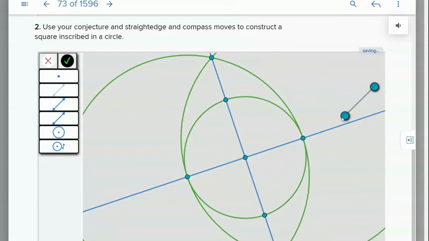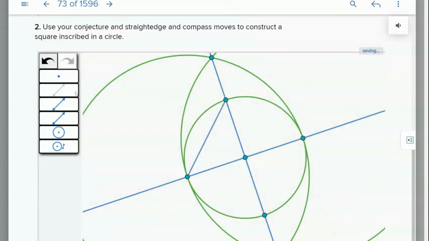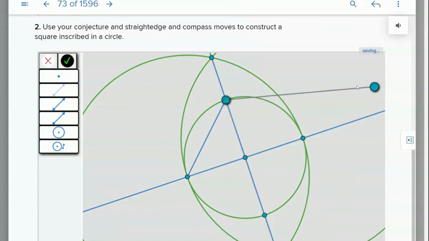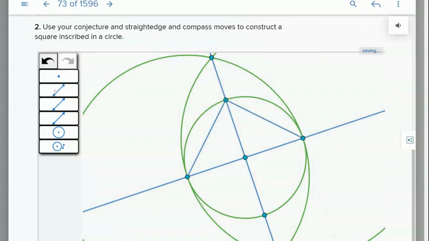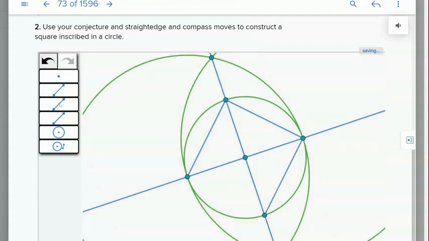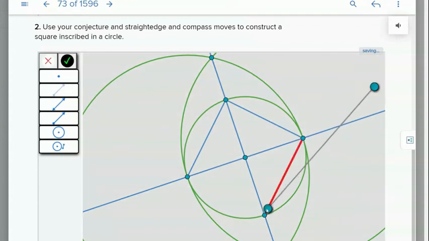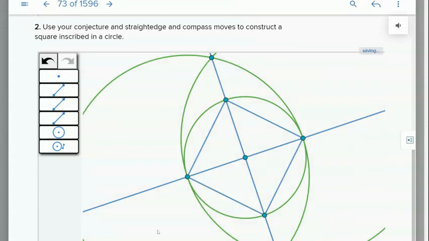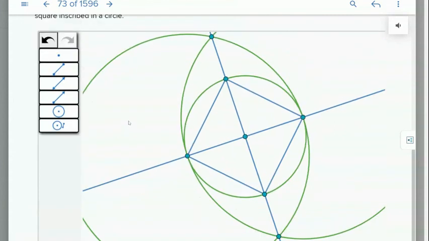What happens when you connect line segments between those points? What image or shape did we construct just now using the perpendicular bisector? A square. All right, so hopefully you followed along with me in GeoGebra. It's really important that you do that.